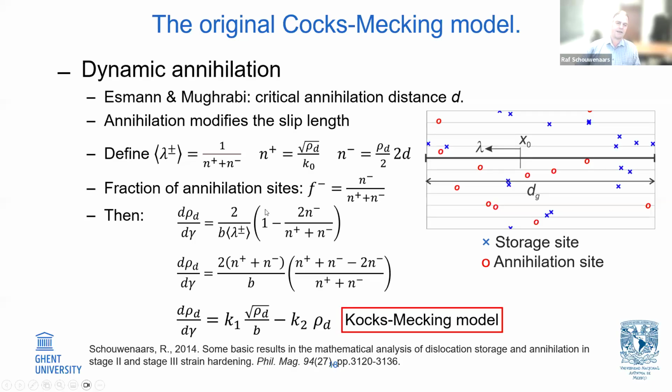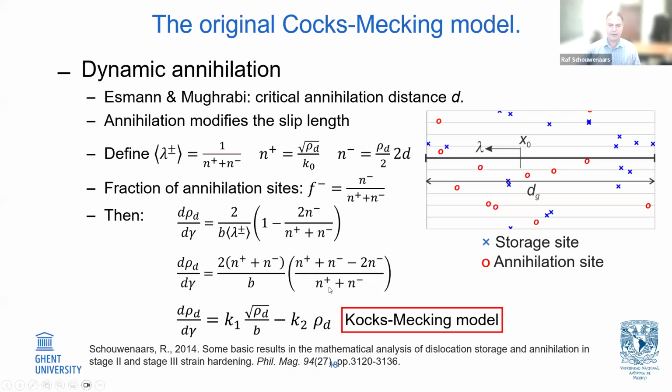And then we see in the storage equation, we will use now the lambda plus minus because the slip length is shorter in presence of annihilation sites, and not everything is stored. We must reduce the amount of stored dislocations by a factor of 2 times f, because in each annihilation we lose 2 dislocations.